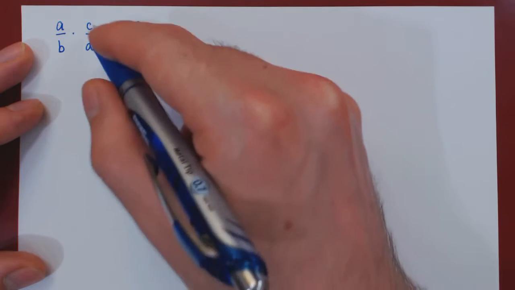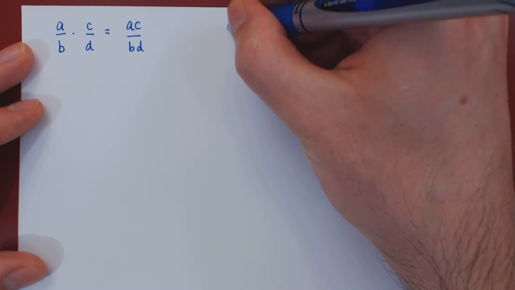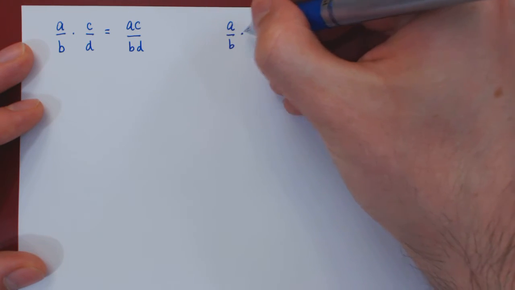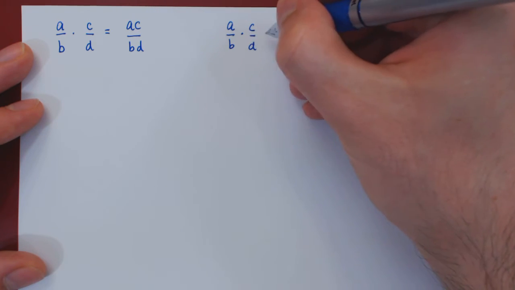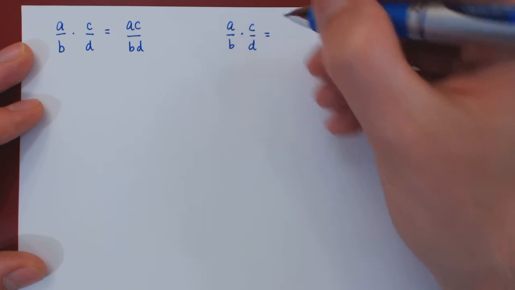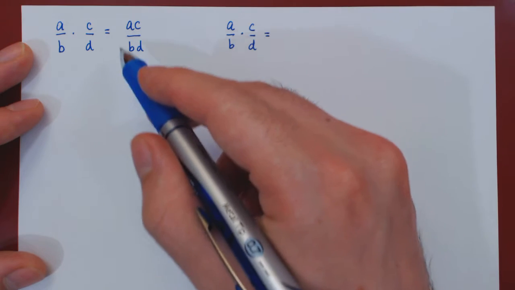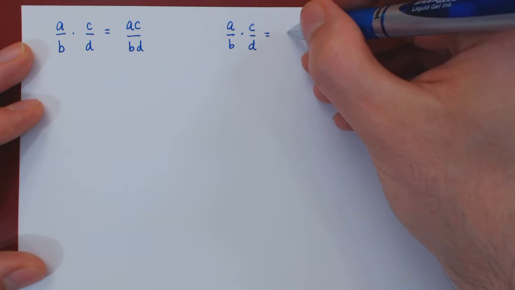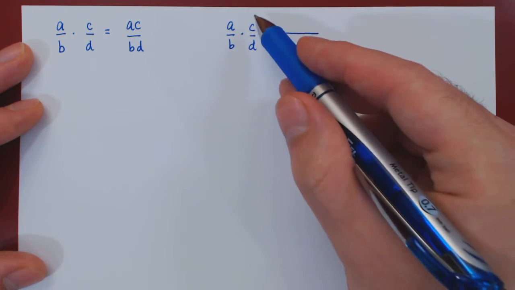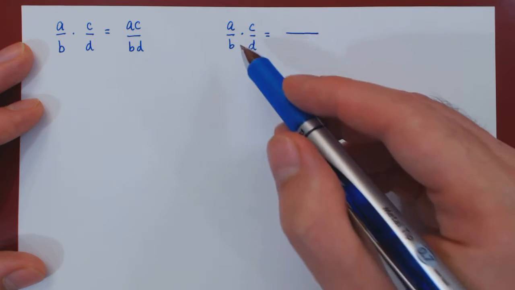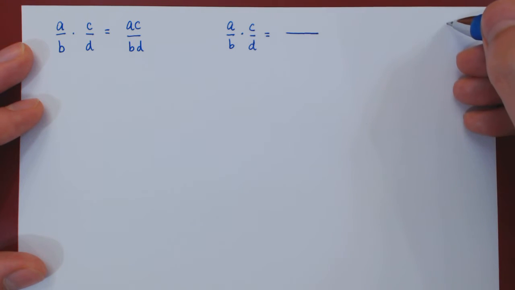So let me rewrite the original expression. And now let's break this down geometrically and see why we then obtain this fraction. Look at the first fraction, and again we will think of starting with a circle.